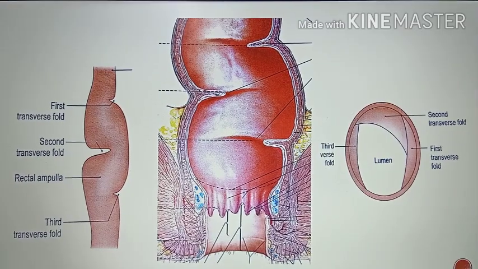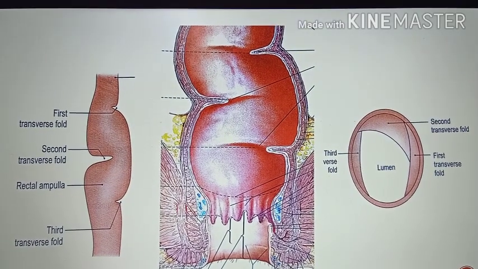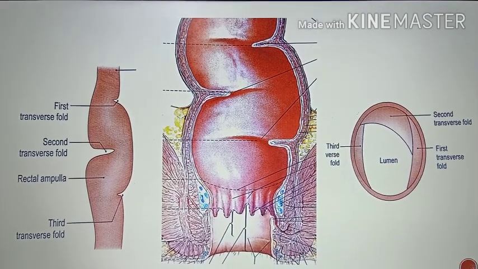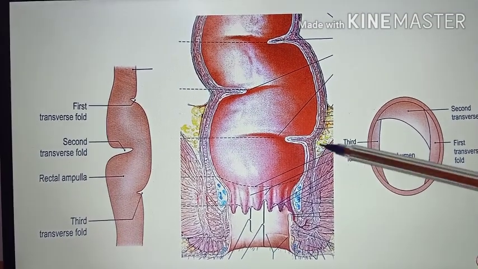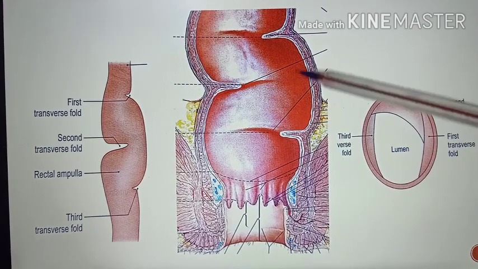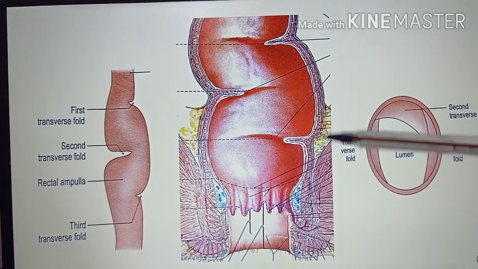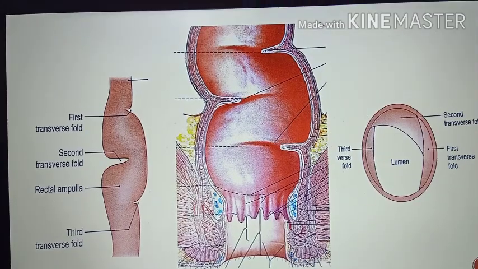They become more prominent when the rectum becomes distended. They have been named from above downwards.